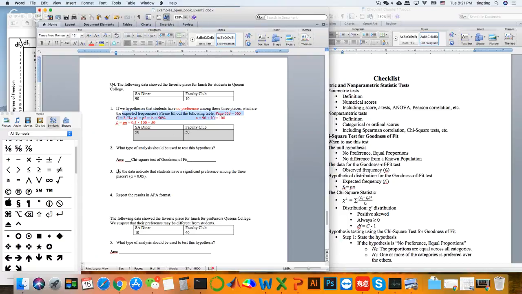The question 1: do the data indicate that students have a significant preference over the places? So this is the hypothesis testing part. Check your book.